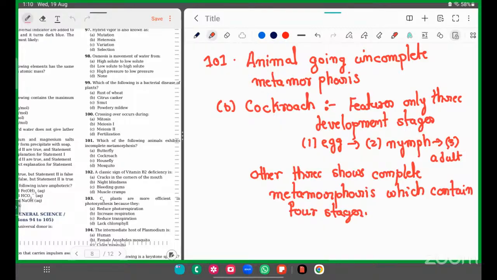Coming to the next question, a classic sign of vitamin B2 deficiency is... A classic sign of vitamin B2 deficiency is a crack in the corner of the mouth. Sometimes you experience pain, the skin gets torn, and it pains very much.